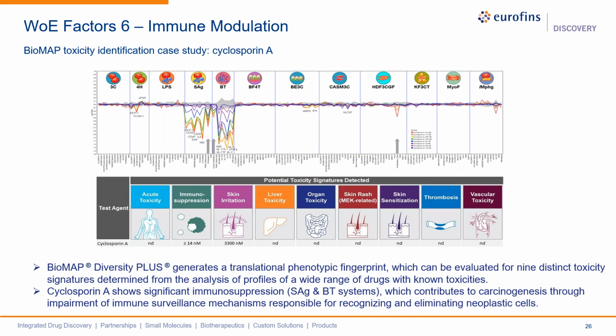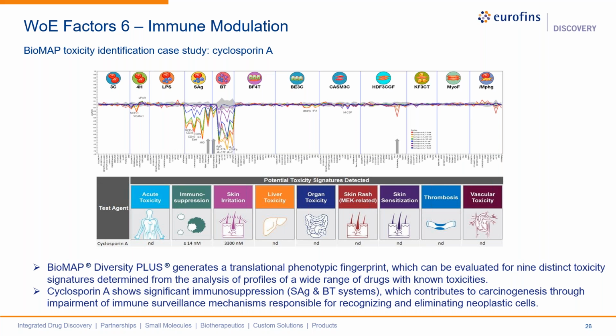And we see downward inhibitions, specifically in the SAG system and the BT system. This pattern reveals cyclosporin A is a very strong immunosuppressant.